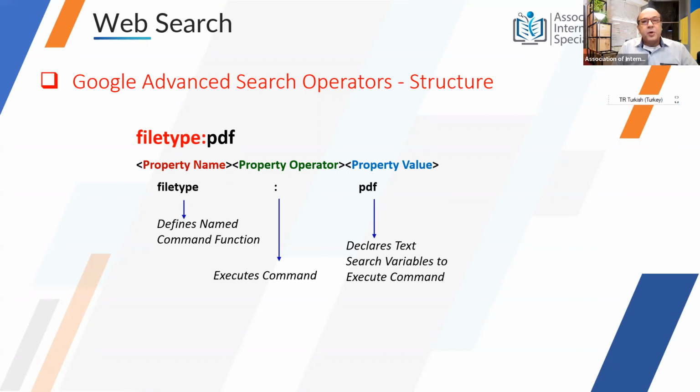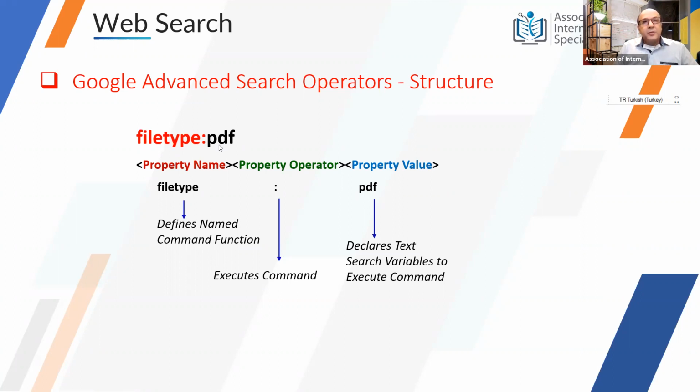That needs to actually make sense against what you have mentioned as a property value. So if I wrote file type colon, and instead of writing PDF, I wrote something else, something that is not a file format, not docx or XLS or anything identified with a file format, the function is not going to happen, meaning that it's just going to die on its own. It's not going to operate.